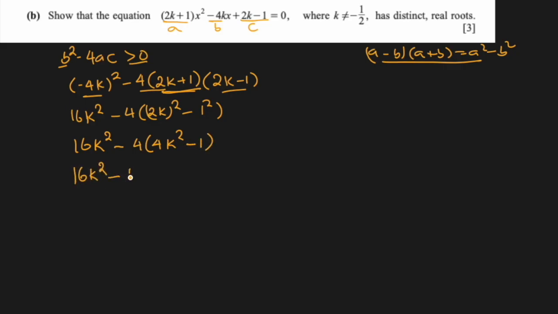16k square minus 16k square plus 4. And these two cancel out. We get plus 4. Is plus 4 greater than 0? Yes, it is greater than 0.